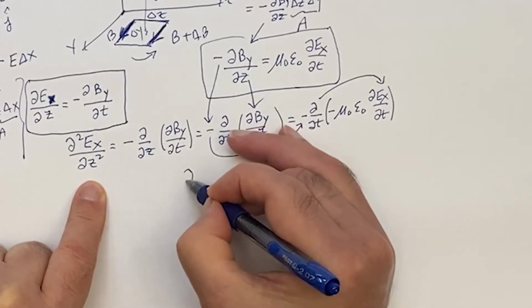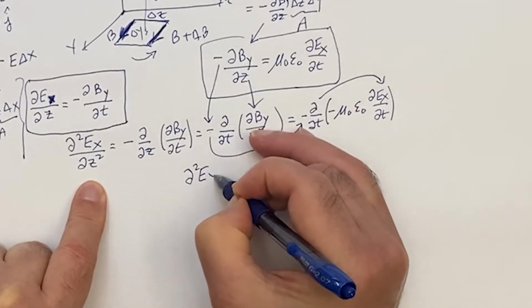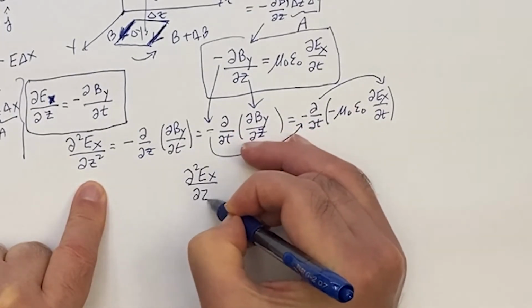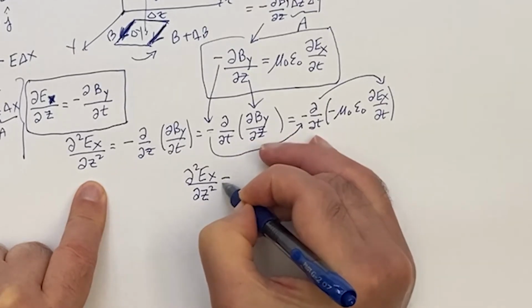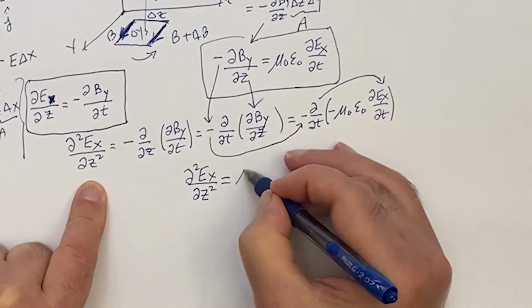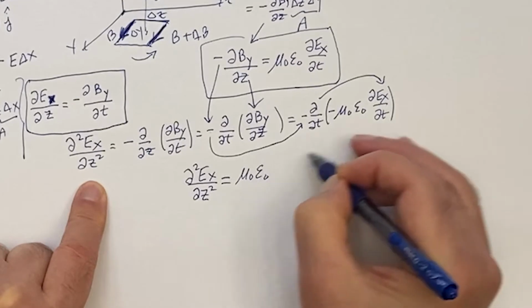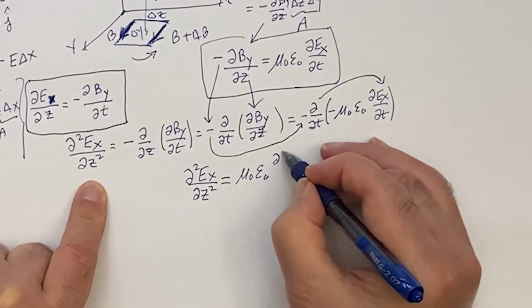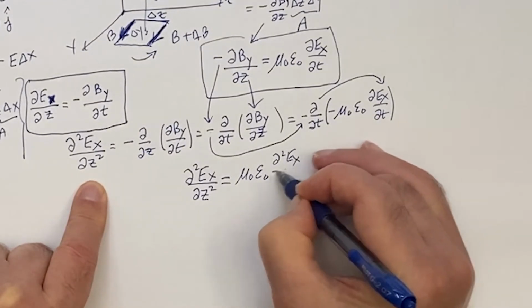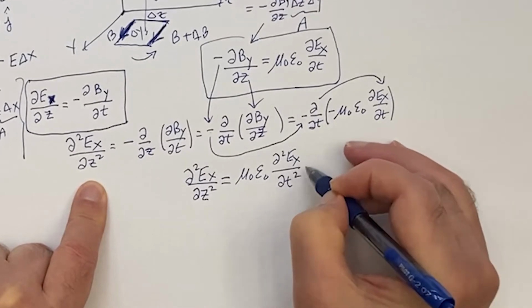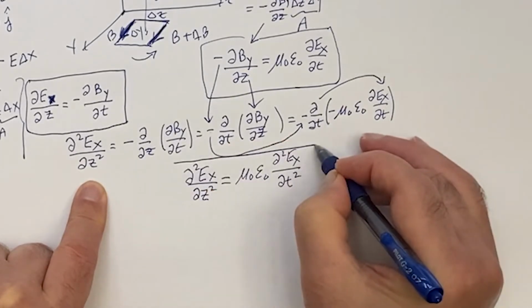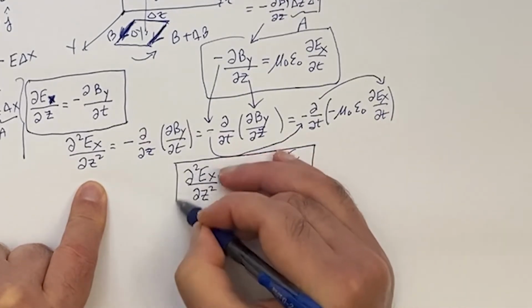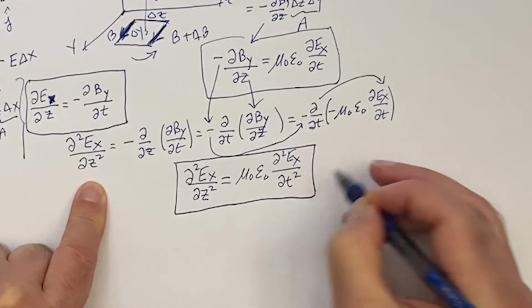That's going to equal, minus signs are going to cancel, mu naught epsilon naught times the second derivative of Ex with respect to t. Wave equation.